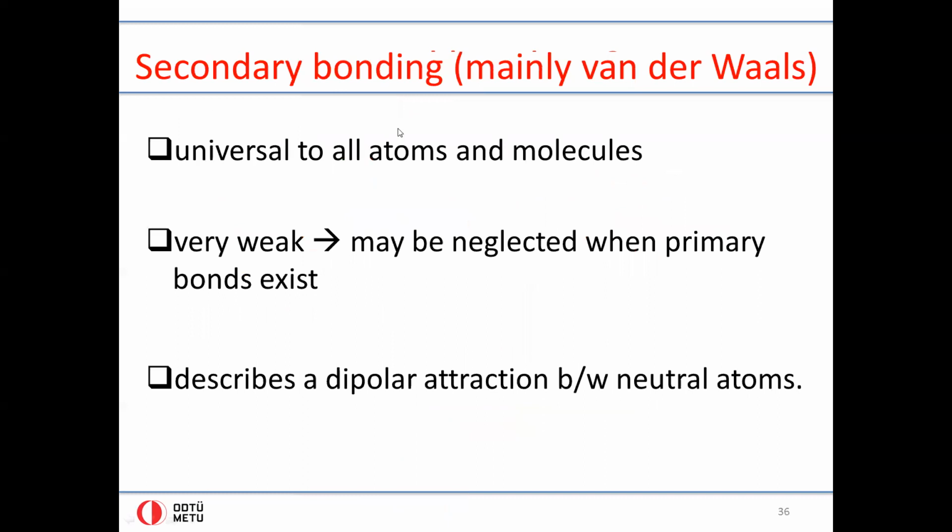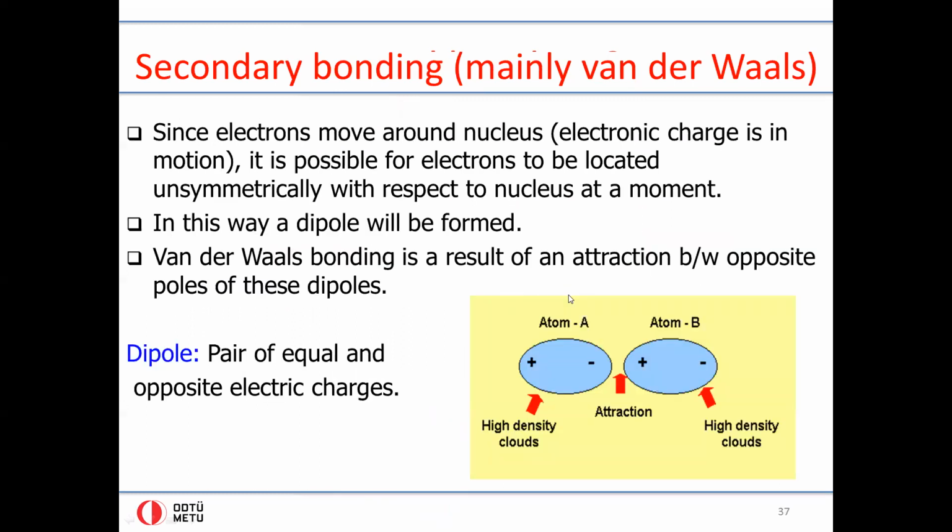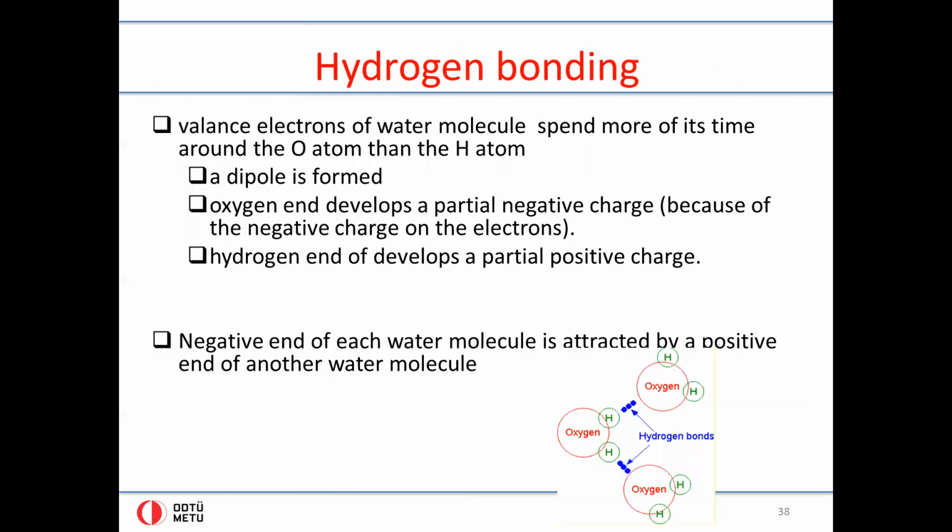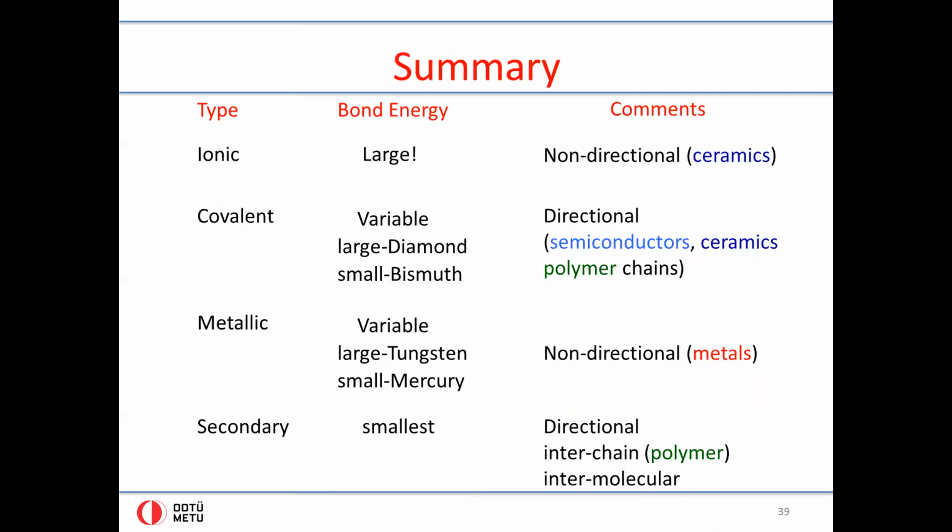But the idea is that this is universal to all atoms and molecules, and they're so weak that they can be neglected where other types of bonds generally exist. Okay, so you can go ahead and read through these notes. This is a refresher of chemistry, and you can also do the same for hydrogen bonding, which is again a sort of special scenario.